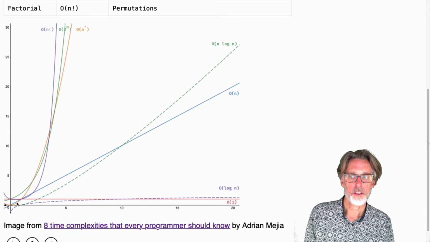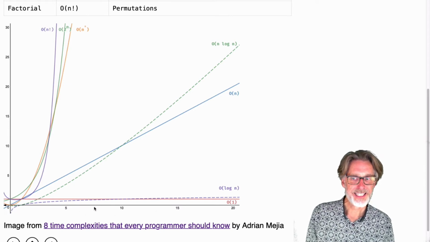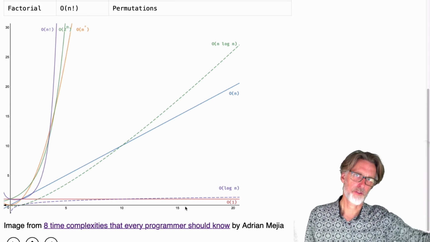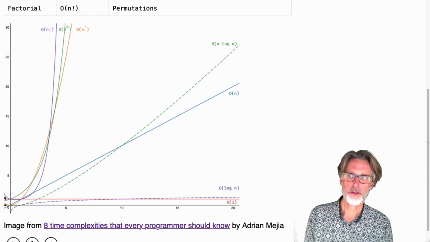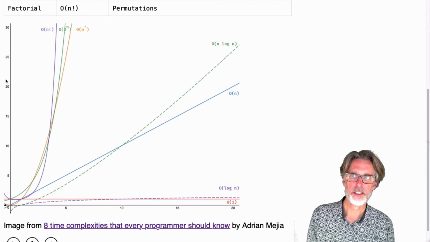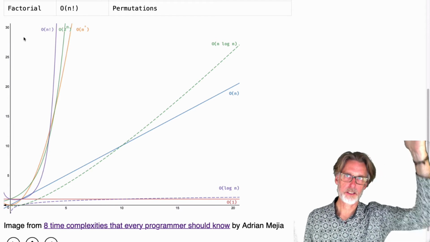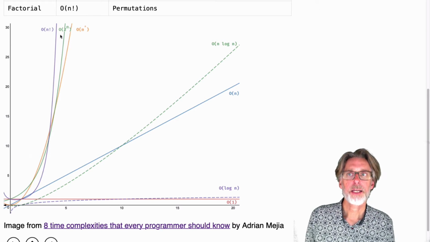When looking at this chart, you should think of the x-axis, the horizontal axis, as corresponding to the size of your input problem. And think about the y-axis, the vertical axis, as being how much time your program is going to take to run. This is what we mean by time complexity.